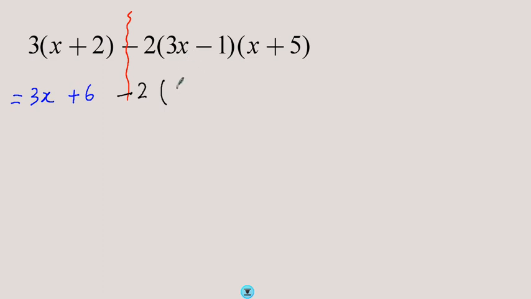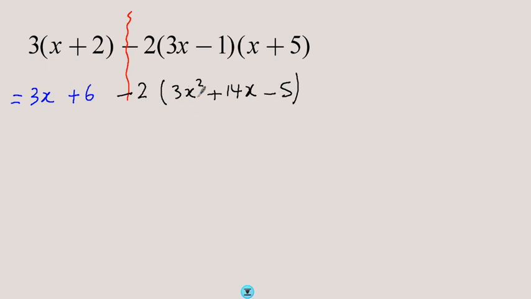It's going to be 3x squared, 15x minus x is plus 14x, minus 5. And then you notice that there's a next term here, and there's going to be a next term in the expansion as well, a constant and a constant in the expansion as well.